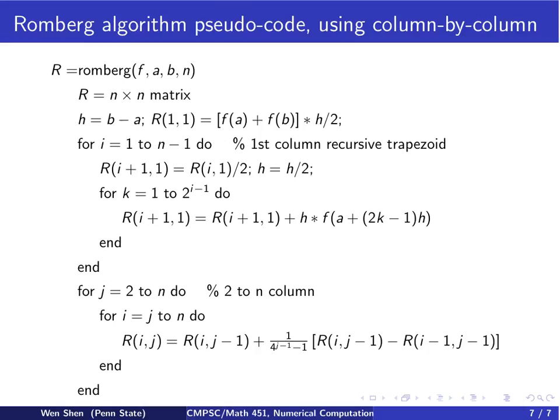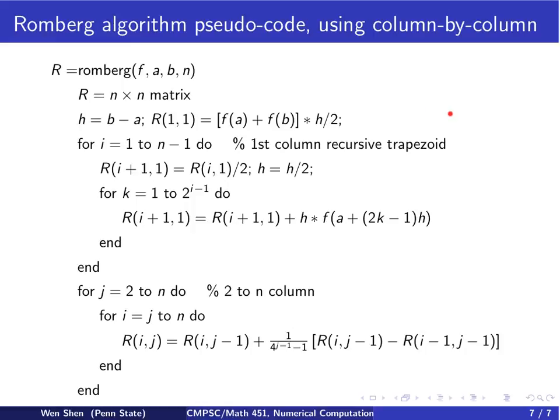So here is a possible pseudocode for the program Romberg, which uses the column by column algorithm. You will have a homework problem asking you to code a Romberg algorithm, and you could use the pseudocode as a starting point. What you have to do here is basically follow the algorithm.